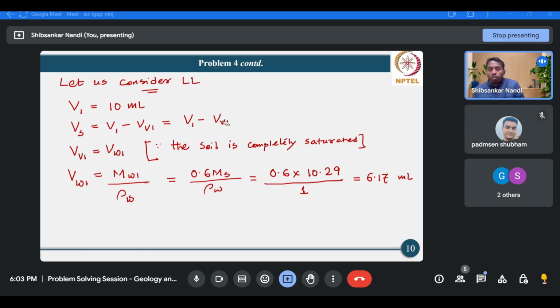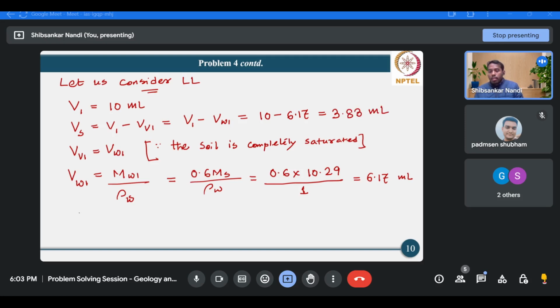Sorry, the volume of water. Therefore we can calculate the volume of solids by subtracting 6.17 from the total volume, that is 10. So this value would be 3.83 ml.